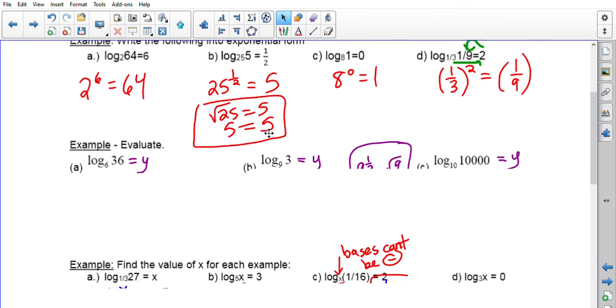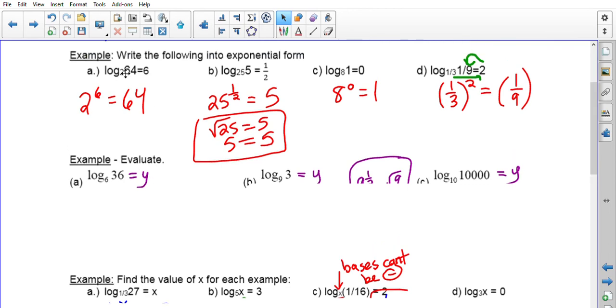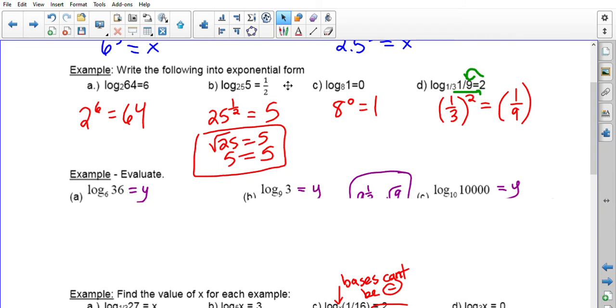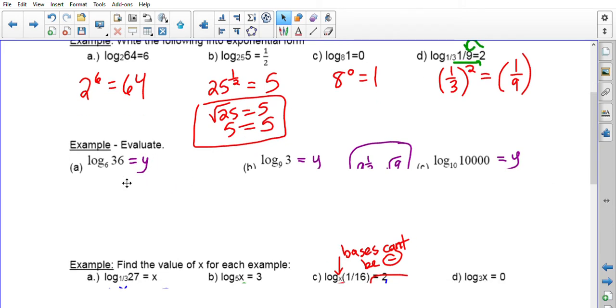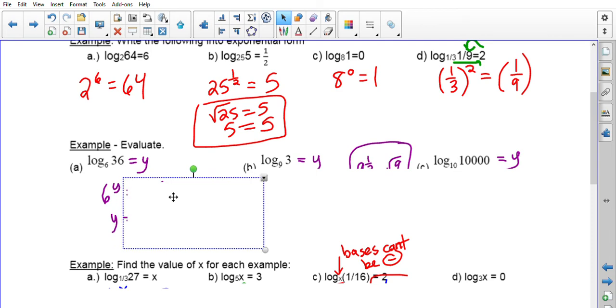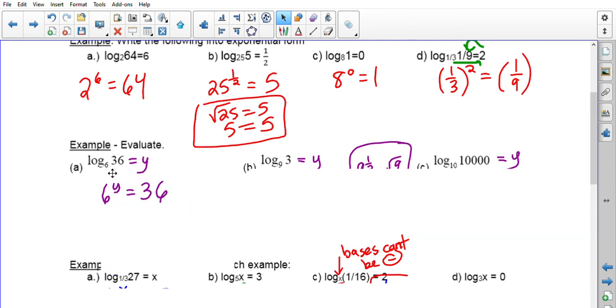All right, now we're going to use what we know about exponents to evaluate logs. Up here I gave you the answer for all these logs, and we rearranged it. So now we're going to come up with the answer ourselves. Let's use what we know about rearranging to exponential form, because that might help us. If I rearrange this, this is 6 to the y equals 36.